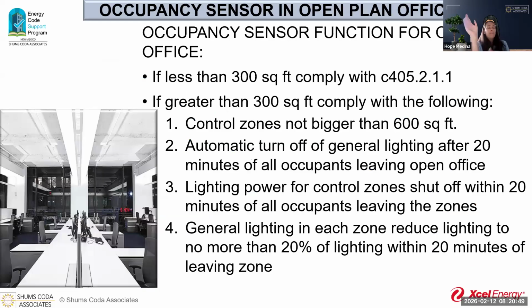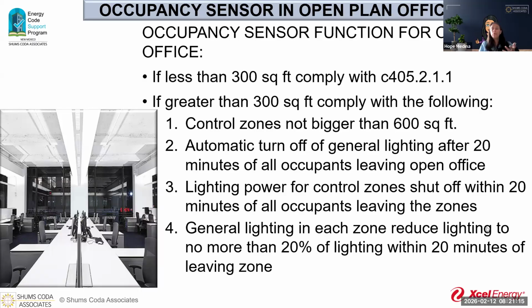If the space is 300 square feet or greater, now all of a sudden it's going to turn off that space 20 minutes after they have left it. A controlled zone cannot be larger than 600 square feet.